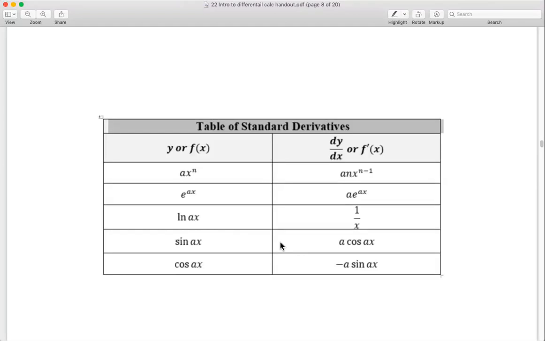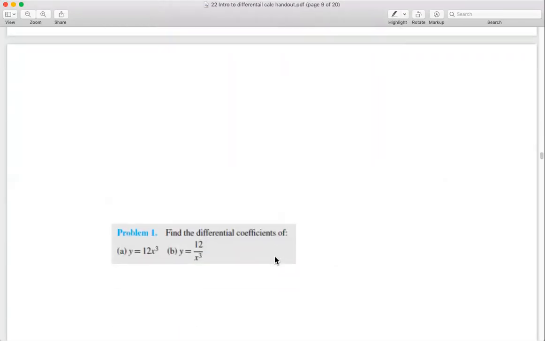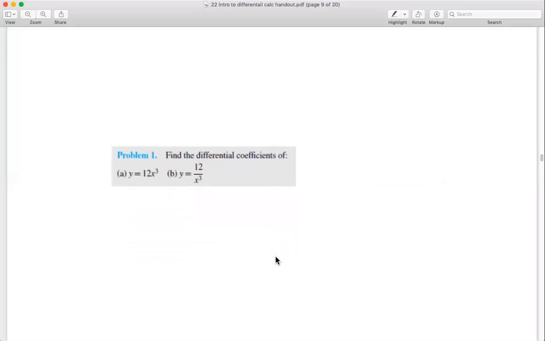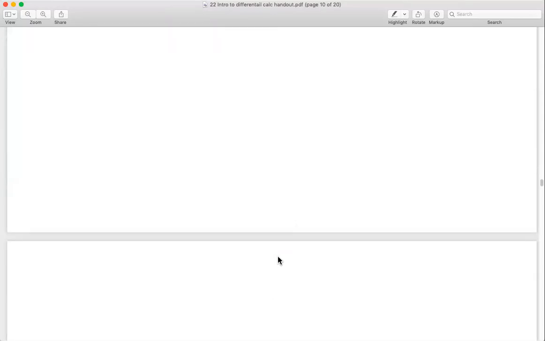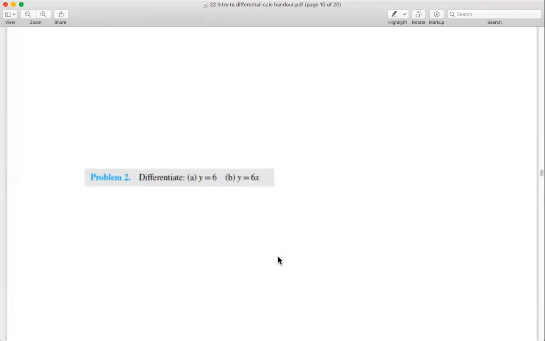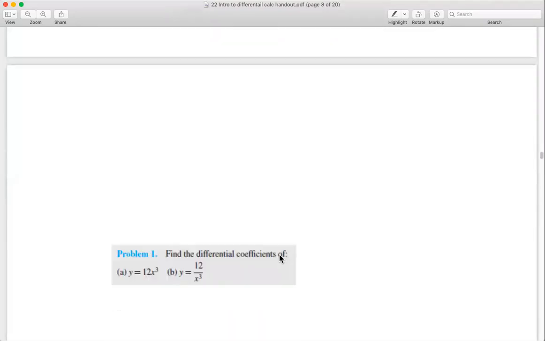So let's have a look at what's on the next page. I think the first example's on the next page. I'm just going to go one more page forward and see what's on that, and let's see if we can try these ones before we turn off and start a new meeting.